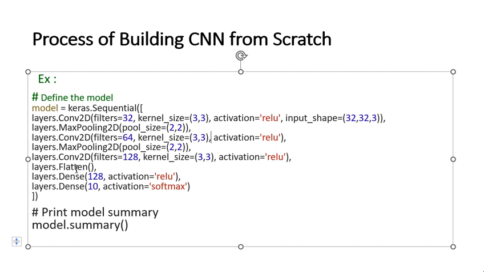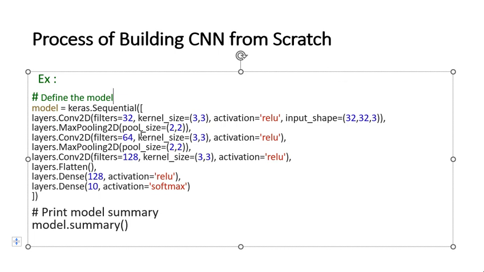As we already know the basic architecture of the CNN, after completing the feature extraction part, we need to convert into one dimension, and then supply it to the fully connected layers. So finally we get the output. Here the filters can be 32, 64, 128, 256, or any number of filters you want, no problem.